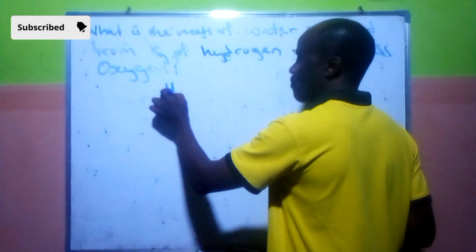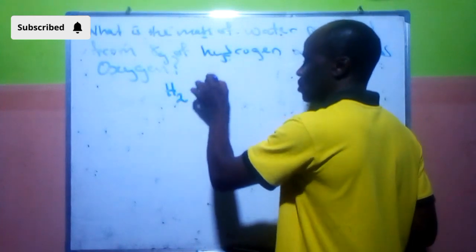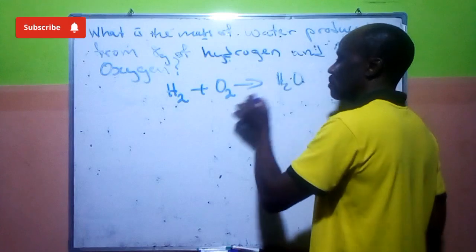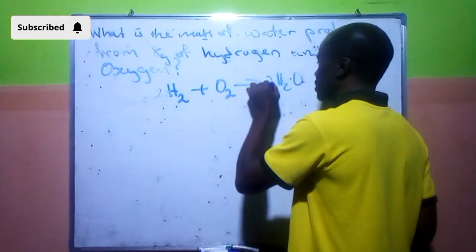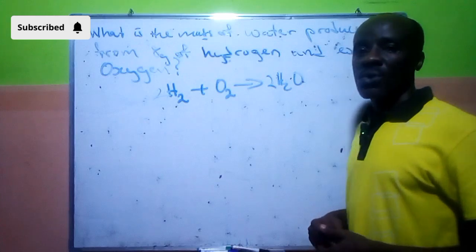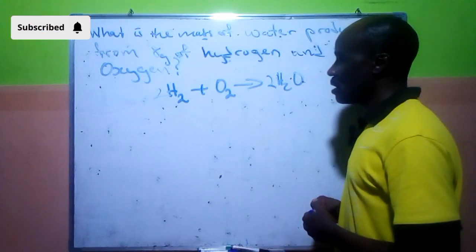Make sure you have a balanced chemical equation like we're going to do here. This is what we have if they combine, and this equation is now balanced.